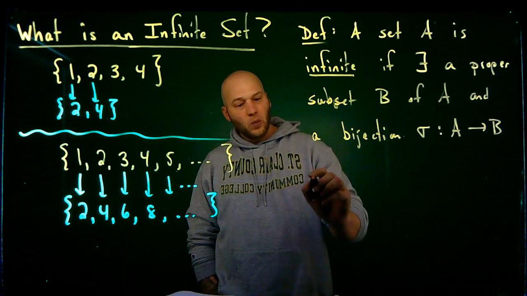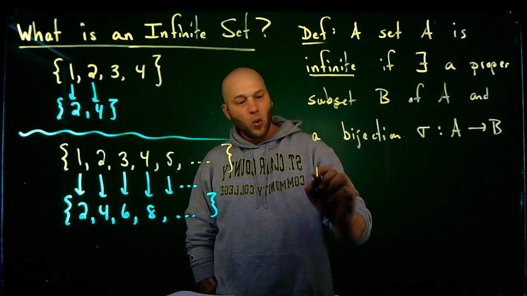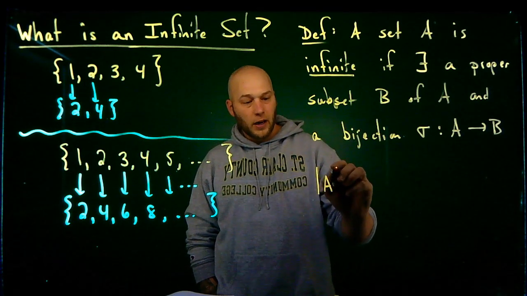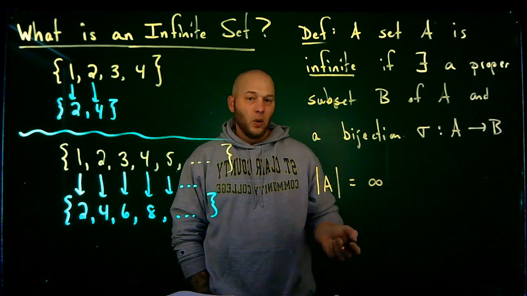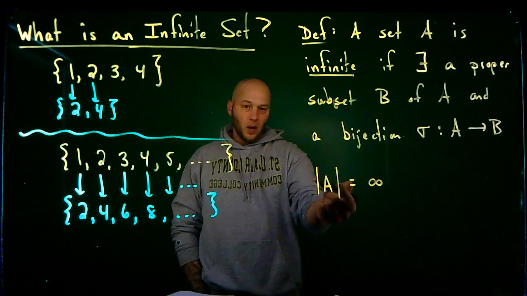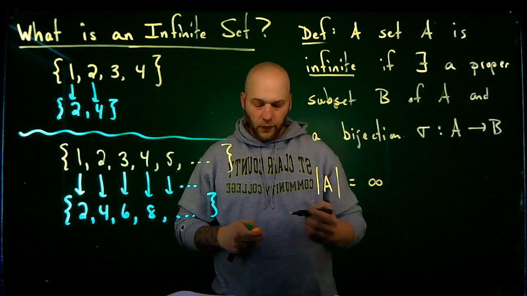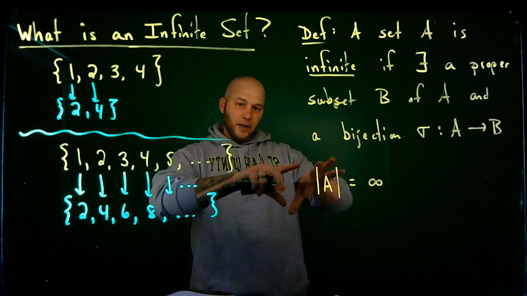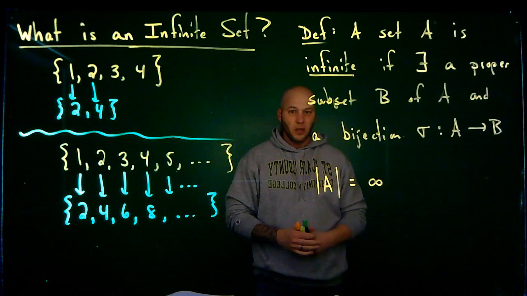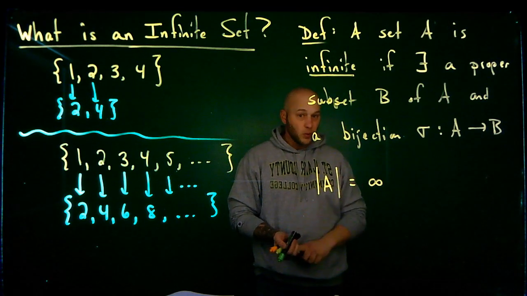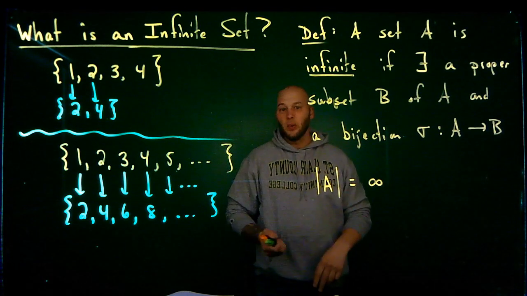And we write this as the order of A, or the cardinality of A, is infinity. Now, of course, once I say that the cardinality is infinity, this is going to split into multiple cases, right? Is A countable? Is it uncountable?